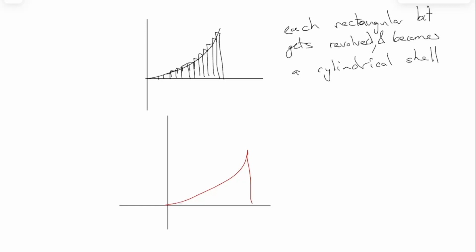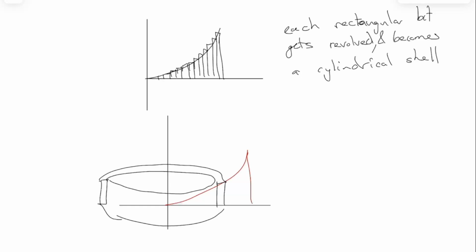I pick out one little rectangle like that and revolve this rectangle around the y-axis. And what it looks like is this kind of a thing. It's a very skinny cylinder, which is what they call a cylindrical shell. I hope everybody can visualize the kind of shape that I'm talking about.